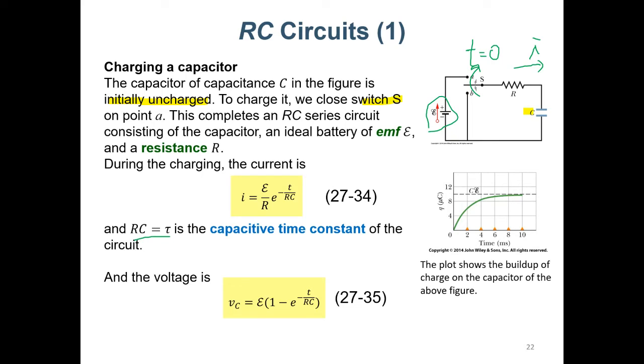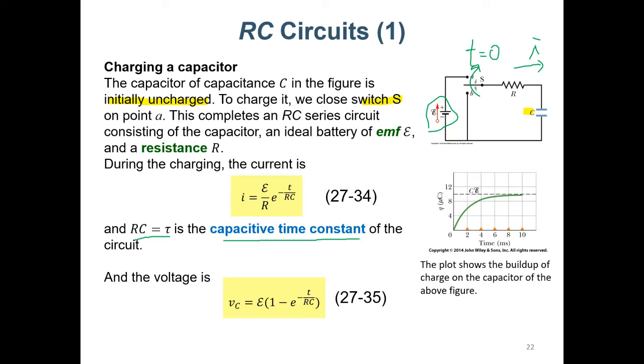And RC is what we call the capacitive time constant. So this time constant characterizes how fast the capacitor can be charged. It can never be charged to E, but it will gradually approach E.